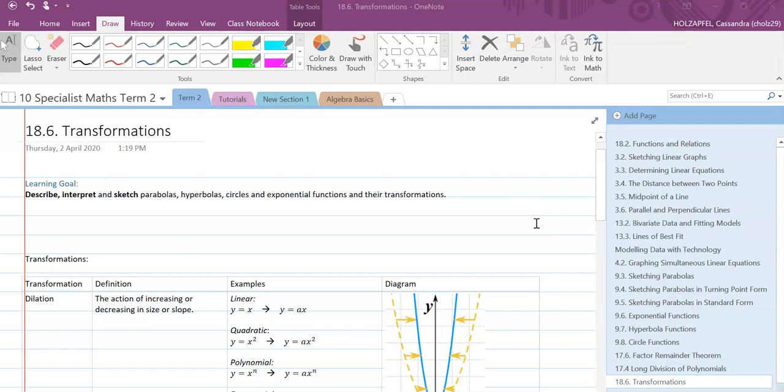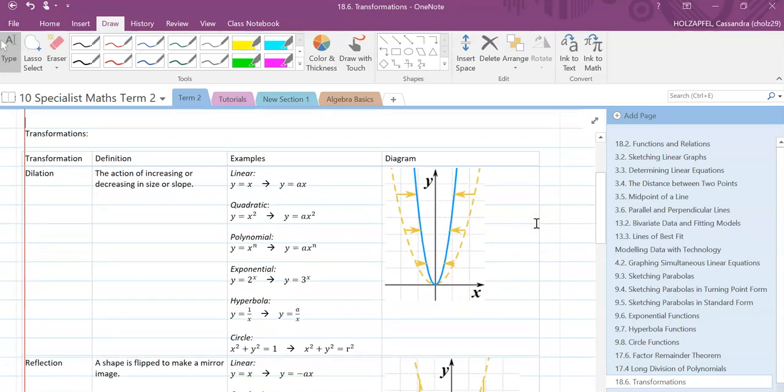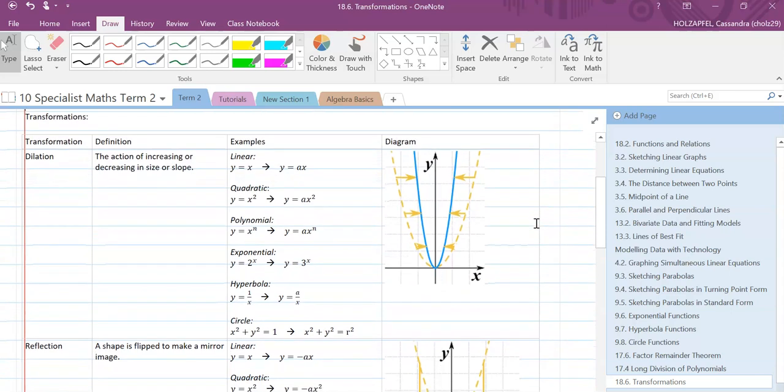So let's go in and do a specific example. A dilation is when we increase or decrease the size or the slope of our particular shape. For example, if we had a linear function, a very basic parent function, y is equal to x, that's going to have a diagram that looks something like that.